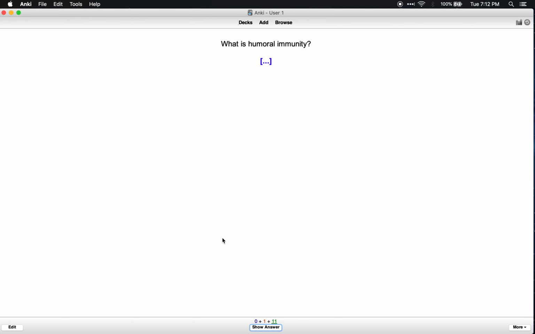Humoral immunity refers to the use of B cells, so antibodies. Thymosin is a hormone produced by thymic cells in the thymus, which is involved in the maturation of T cells.